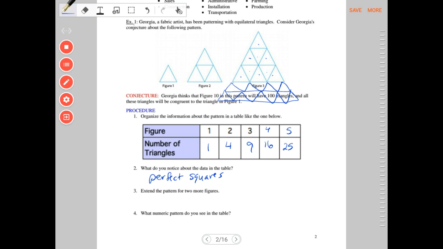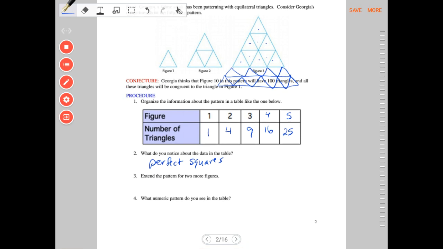Okay. What numeric pattern do you see in the table? So, they are perfect squares. You can also say that they go up by the consecutive odd numbers. So this goes up by 3, this goes up by 5, this goes up by 7, this goes up by 9, so on and so forth. Okay?